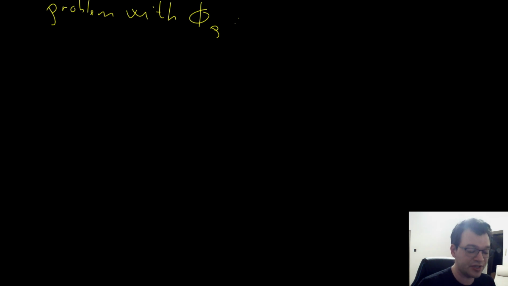It's not always the case, and it's not always enough just to take a supremum like in the classical setting. So we have a problem here with this function phi. It's not continuous.